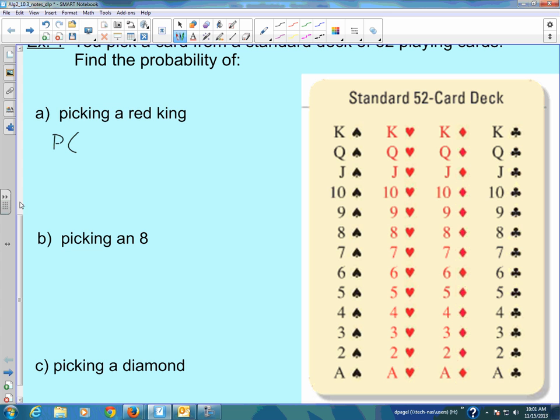My probability is equal to the number of ways that I can pick the event that I want, over the total number of cards.